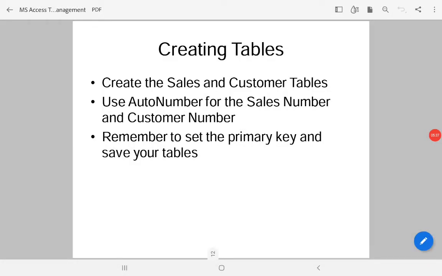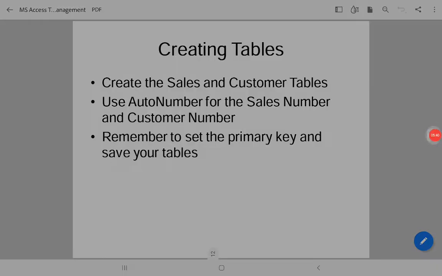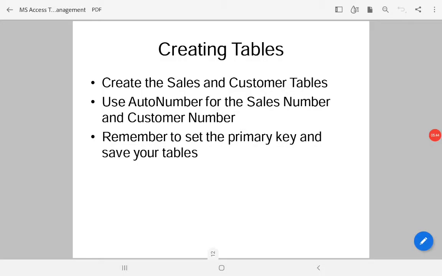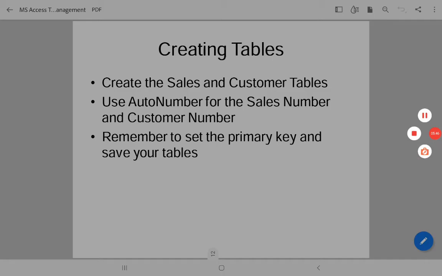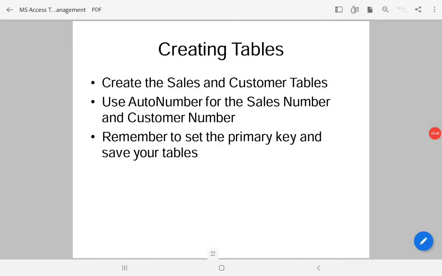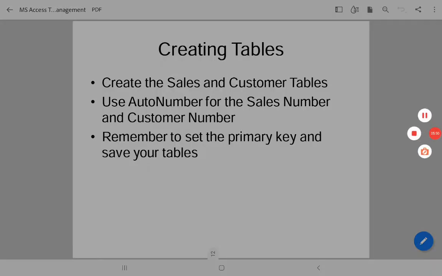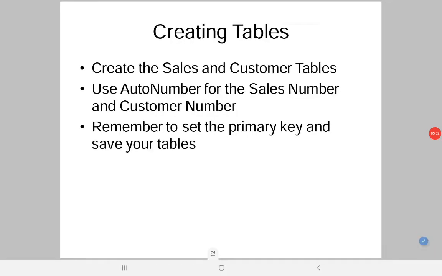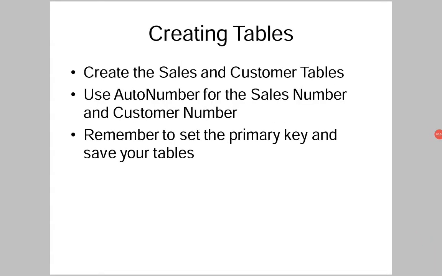So next is how to create tables in MS Access: how many methods there are to create tables, how to enter data, and what the different data types available are. All these things we are going to explain. Create the sales and customer tables, use auto number for the sales number and customer. Remember to set the primary key and save your tables.